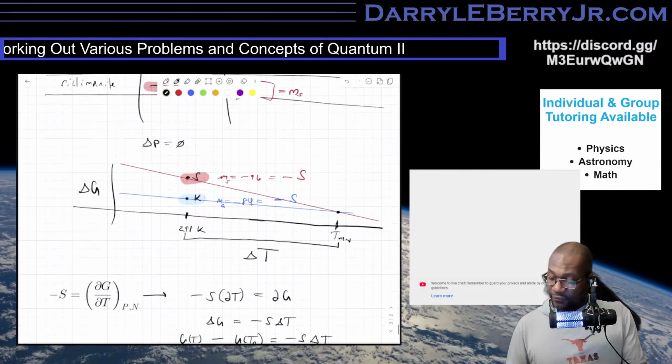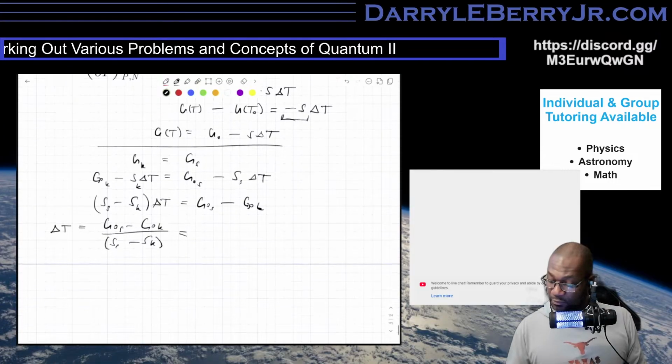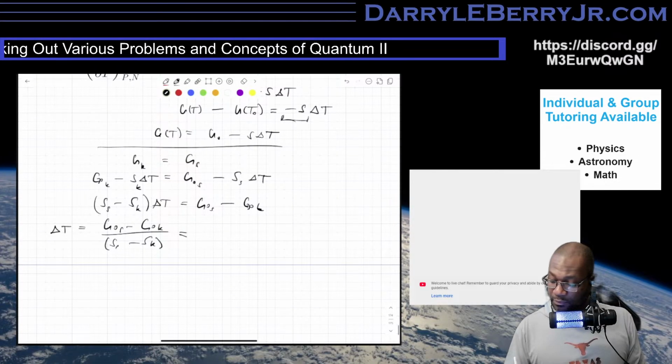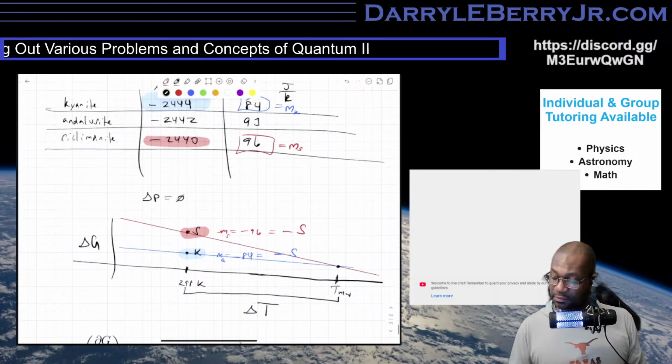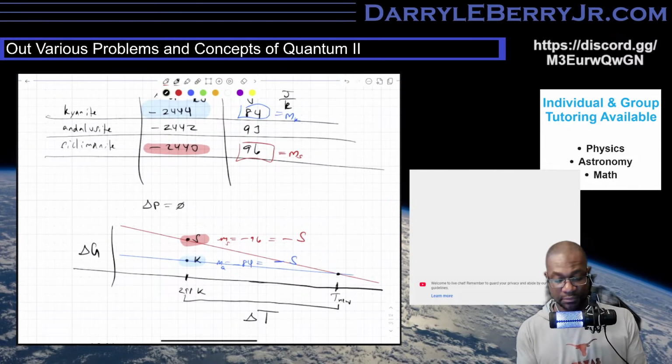And those values are from this table here. So it's going to be S minus K, G over S. So let's see what this comes out to.